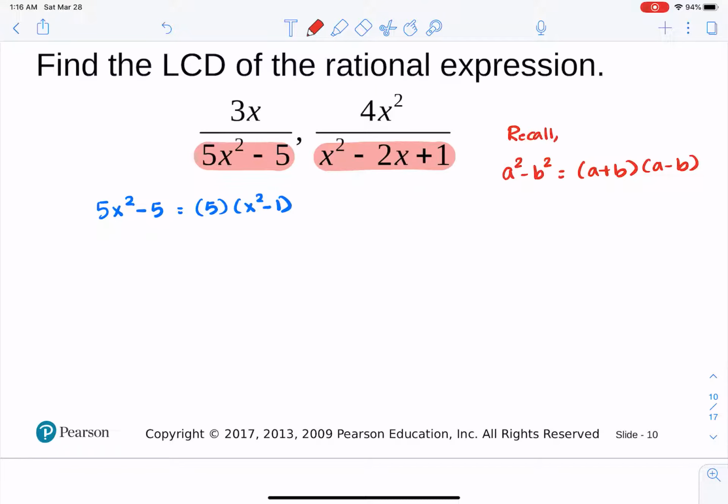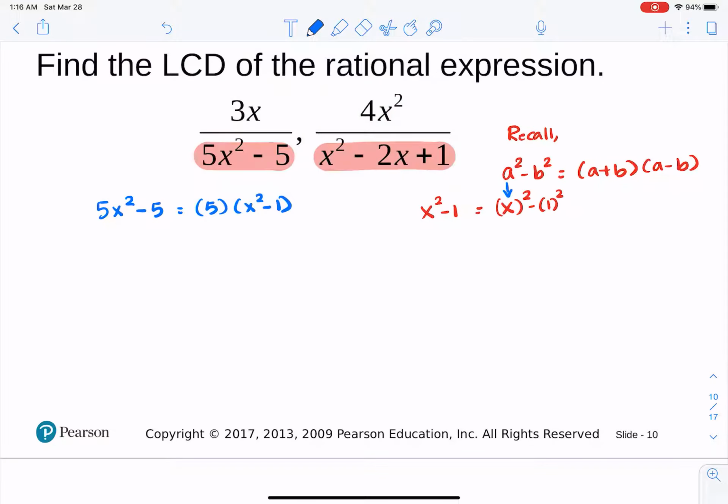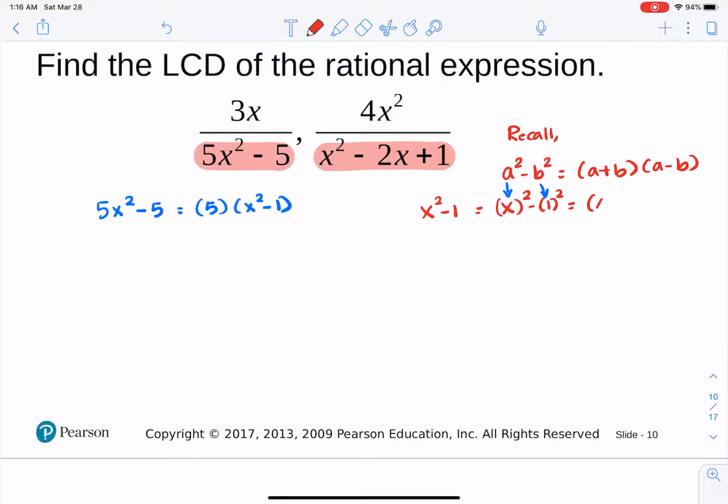What we have here is x squared minus 1 squared. That would be x squared minus 1. So a is x and b is 1. So if we plug that in our identity, we would have x plus 1 times x minus 1.